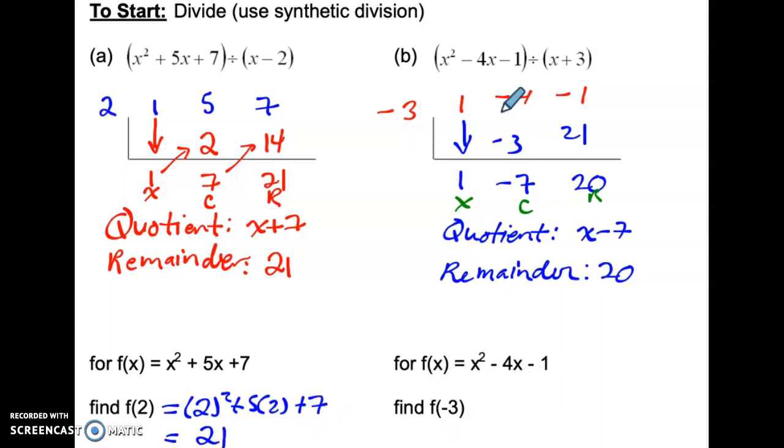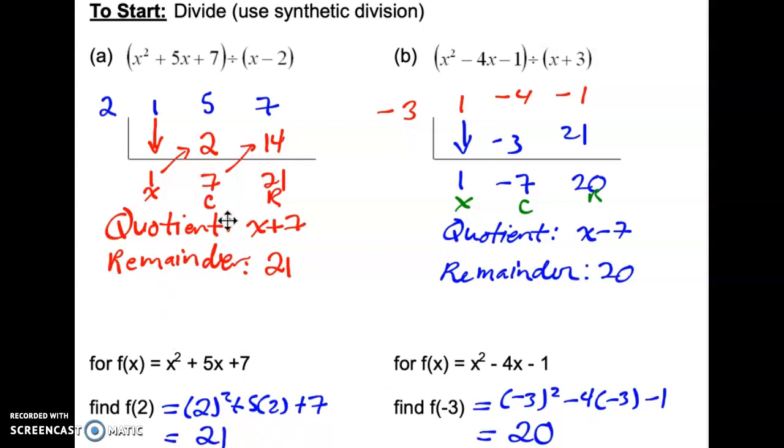Okay, and over here they've once again declared the dividend to be called f at x, and this time they're asking us to find f at negative 3. So that would be 9 plus 12 minus 1. That would give us 20.